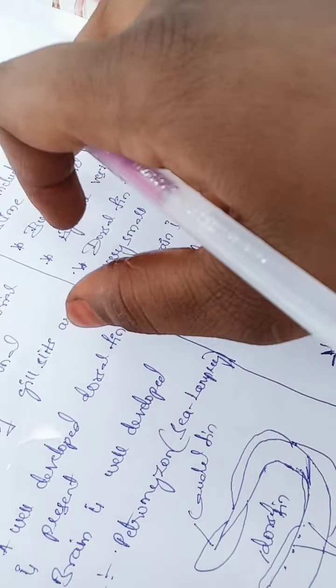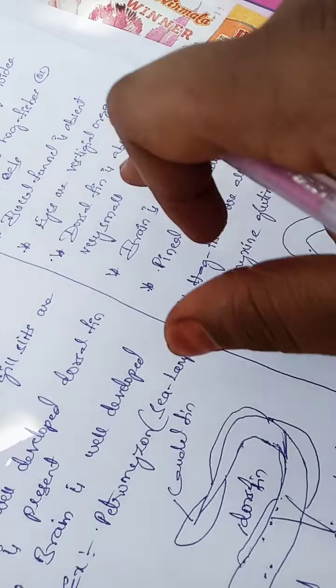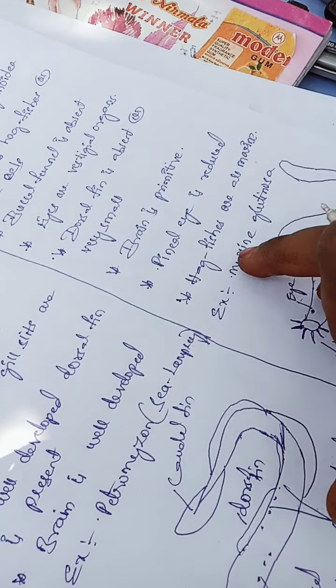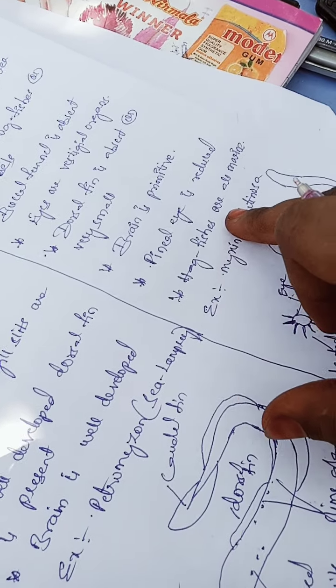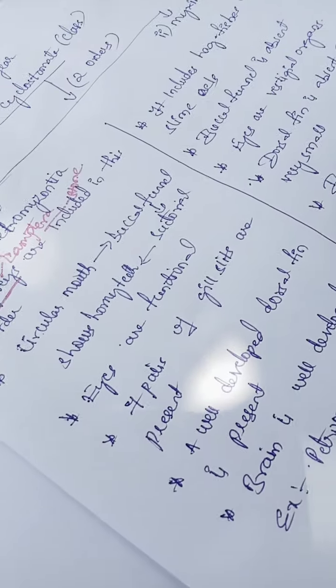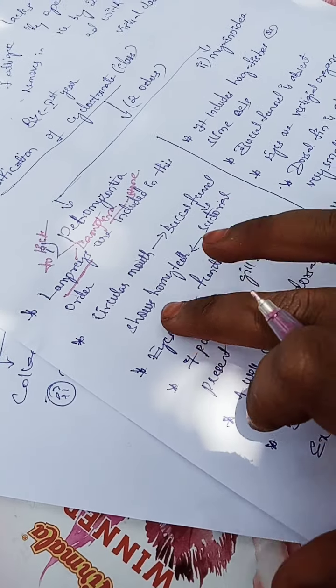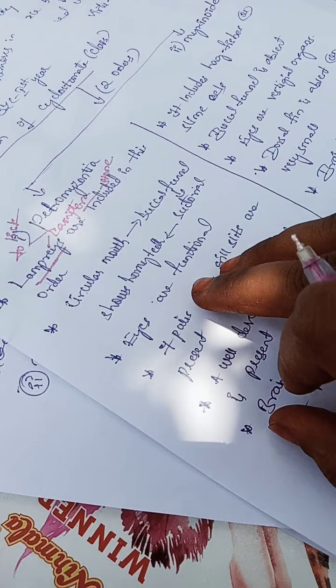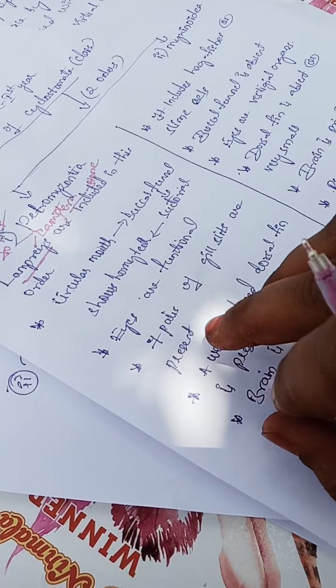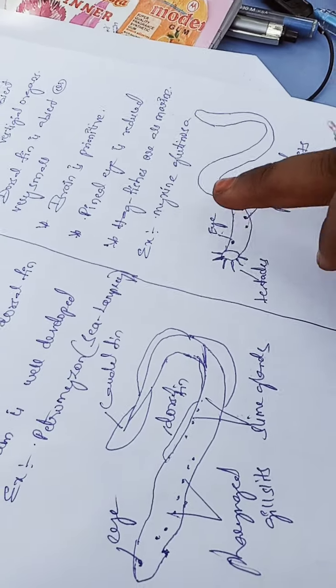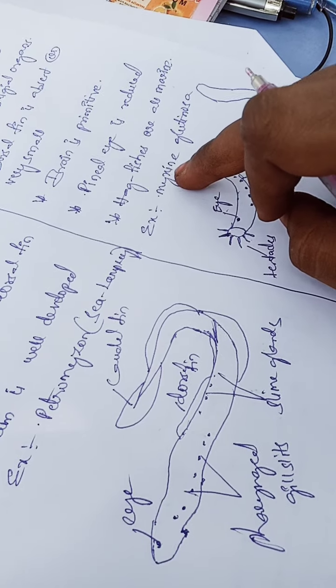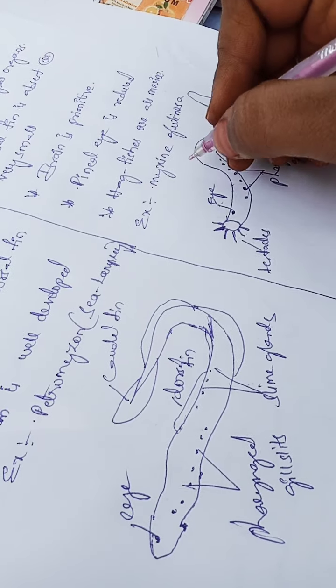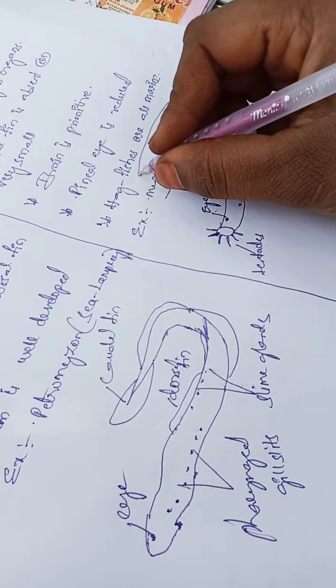All organisms under the Myxinoidea order live only in marine water. Lampreys live in fresh water as well as marine water. Myxine glutinosa is the best example for the Myxinoidea order.